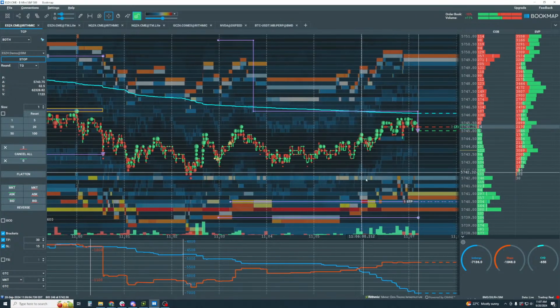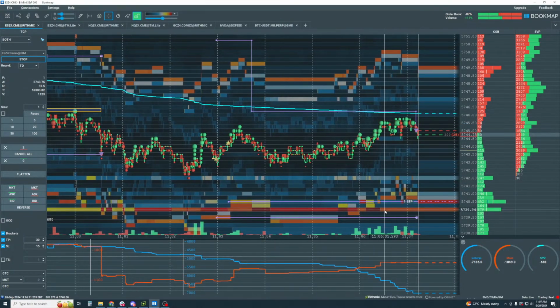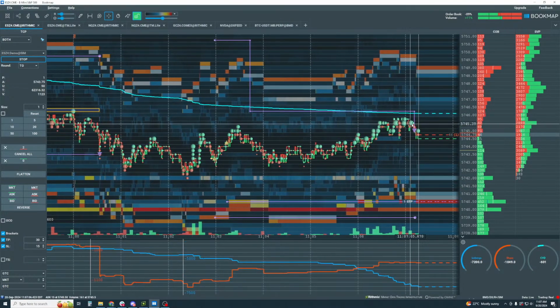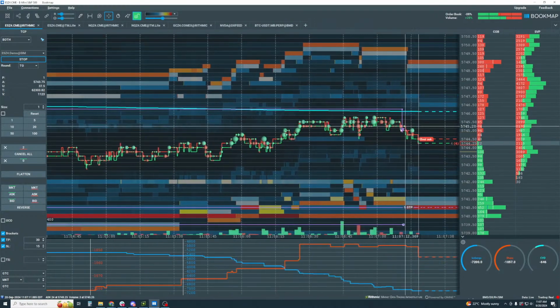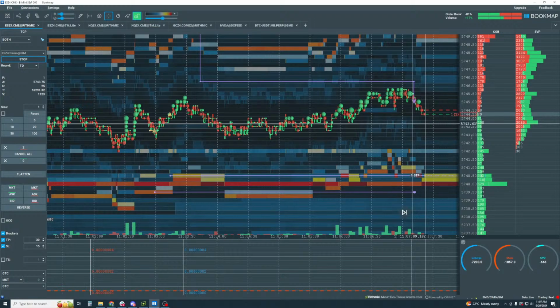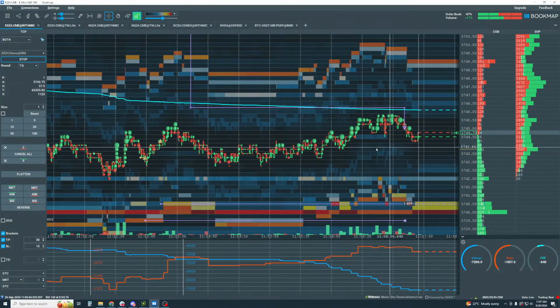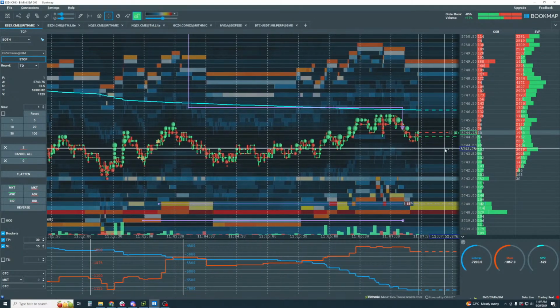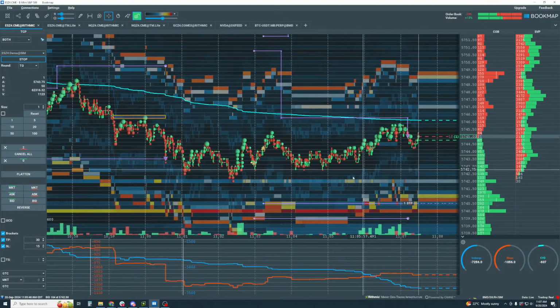I'm gonna dump this one, and I'm gonna hold the other one, because I don't like seeing that the buyers can't take it higher here. Right, so this is where to look out for the sellers coming in, right around where our point of entry is.